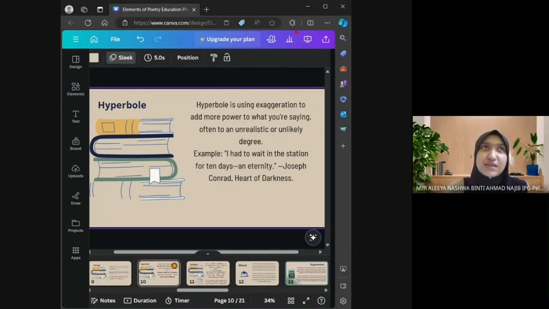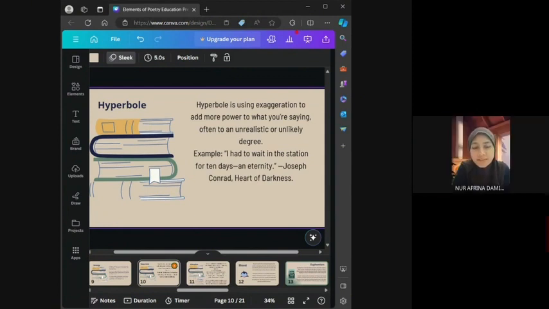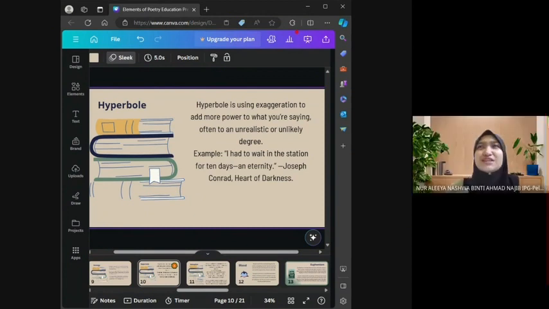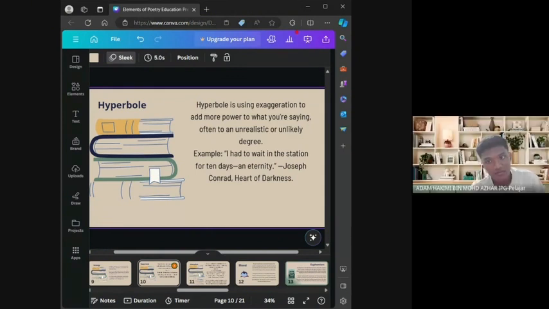But understatement is, for example, you got in a car crash, and then someone asks you, are you okay? And you say, it's as if I just got bitten by an ant. It's like sarcasm, not really sarcasm, but you just make it sound like nothing serious.